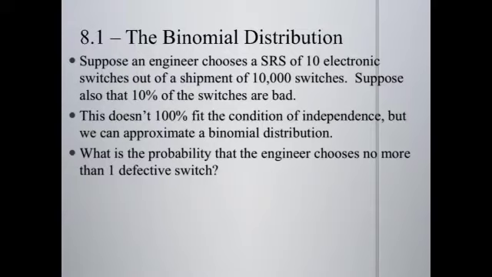So, no more than one defective switch is saying 0 or 1. So I'm going to have to do the binomial distribution formula for when k equals 0 and also for when k equals 1.